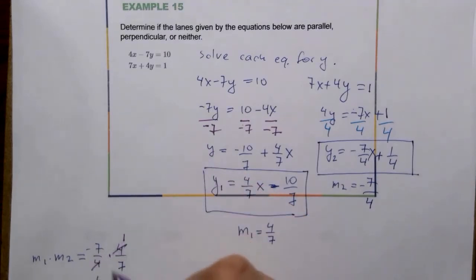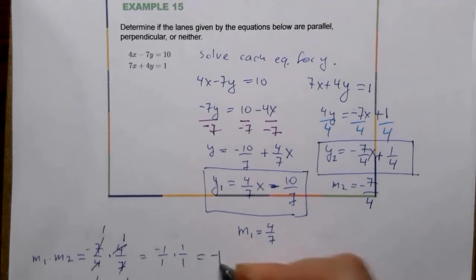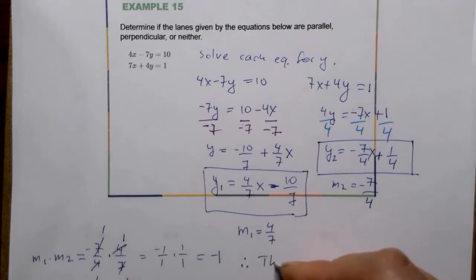We're left with 1 and 1. And 7 and 7, same thing happens. So what do we have? We have negative 1 over 1 times 1 over 1, which is a negative 1. So yes, M1 times M2 equals negative 1. Therefore, the given lines are perpendicular.